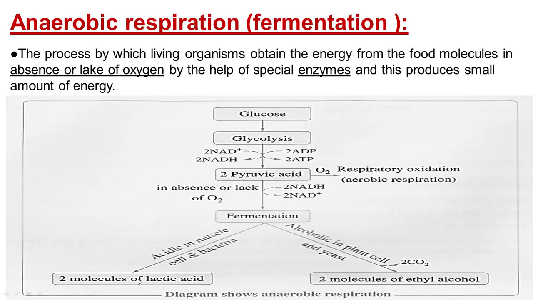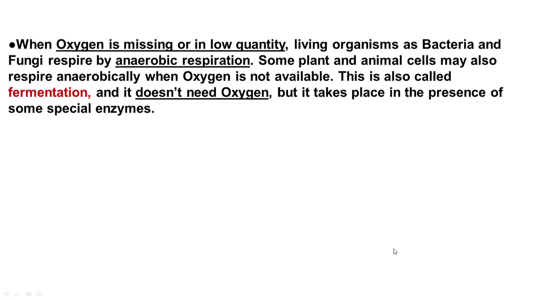Fermentation may be acidic or alcoholic. Acidic fermentation occurs inside cells, like muscles in the human body or inside bacteria, and forms two molecules of lactic acid, while alcoholic fermentation is present inside yeast or plant cells, and forms two molecules of ethyl alcohol and releases two molecules of carbon dioxide.